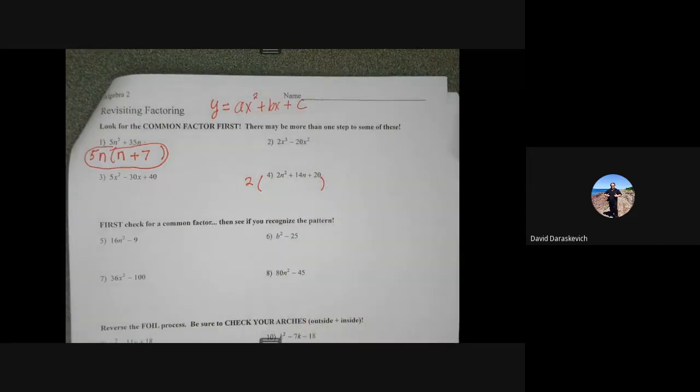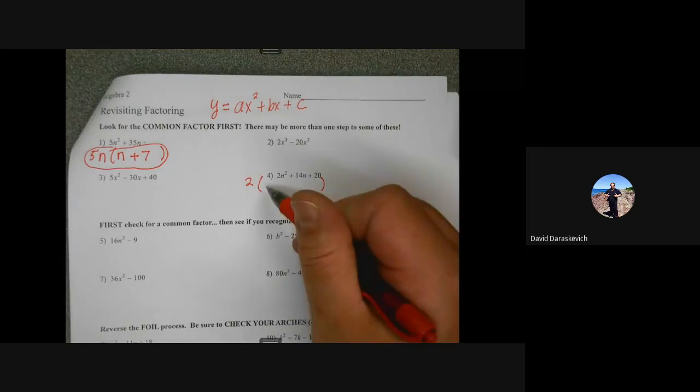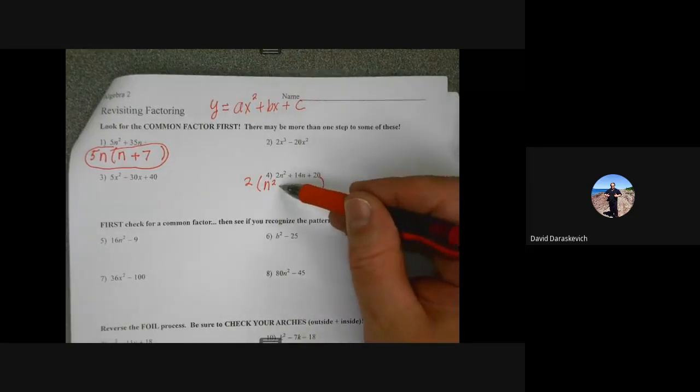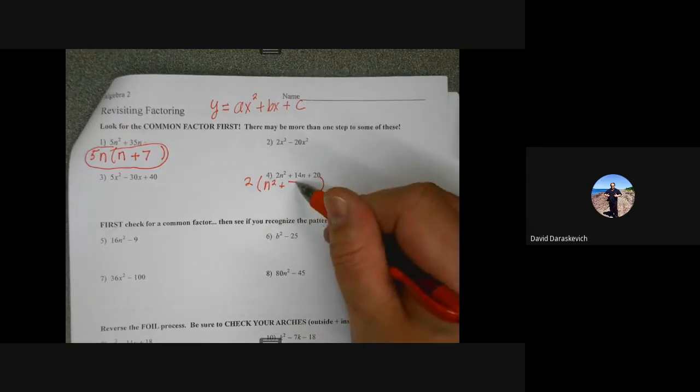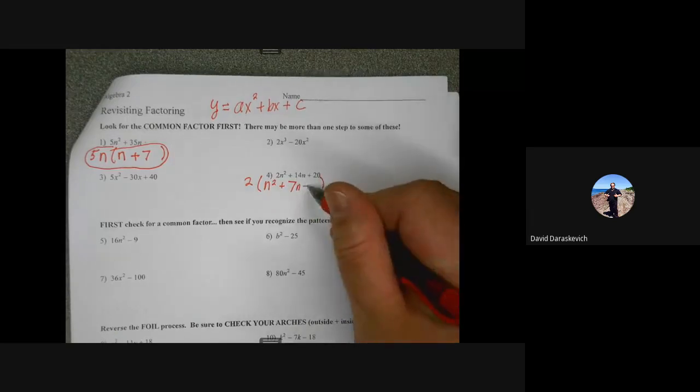So I go ahead and divide every term by 2. 2n squared divided by 2 is n squared. 14n divided by 2 is 7n. And then 20 divided by 2 is 10.